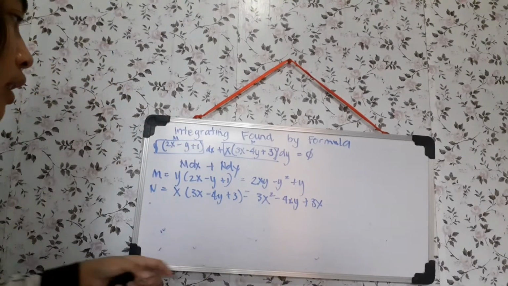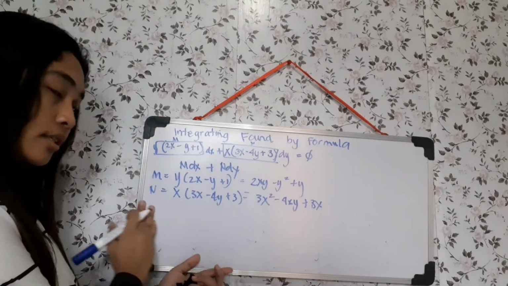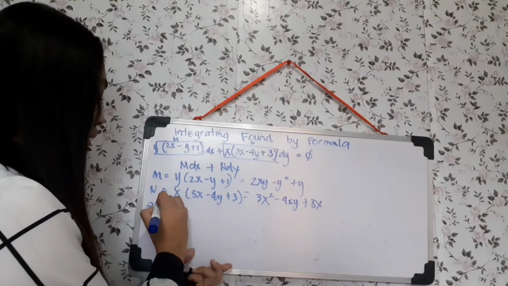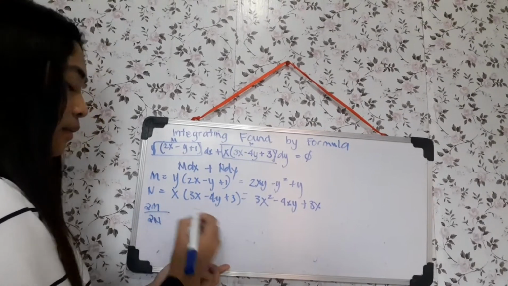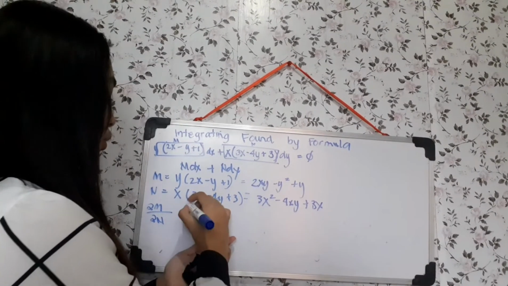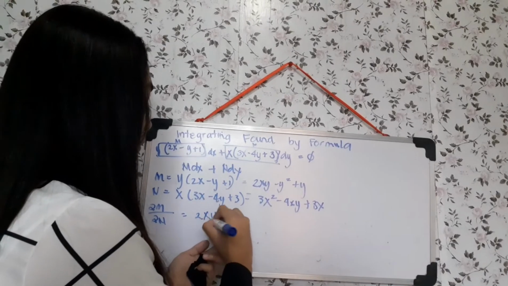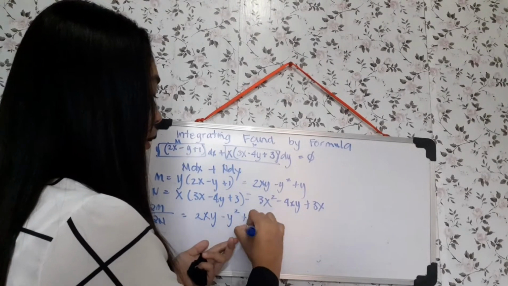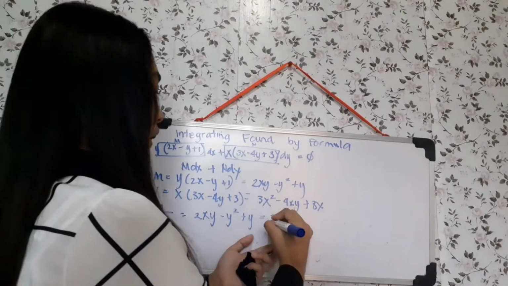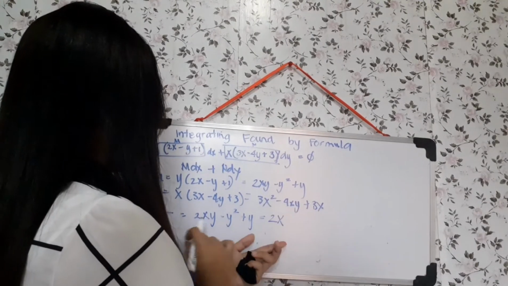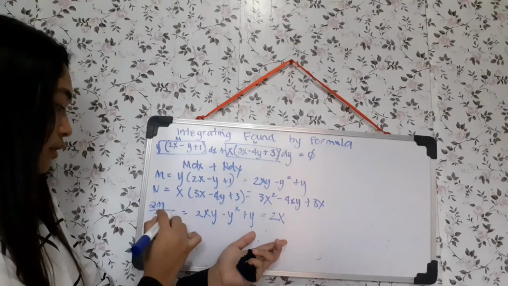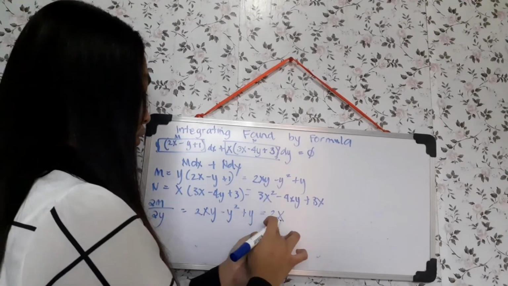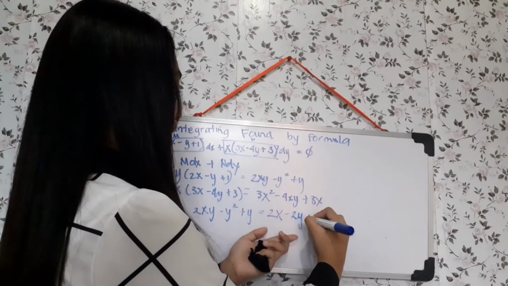Then after that, we need to test its exactness. So partial derivative of M over partial derivative of y is equal to the derivative of 2xy minus y squared plus y, or equals 2x, partial derivative of y of y(2x minus 2y plus 1).